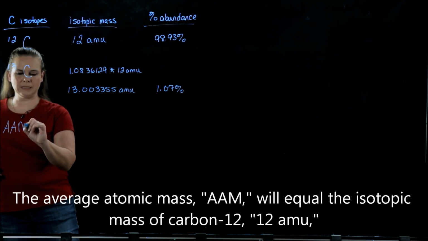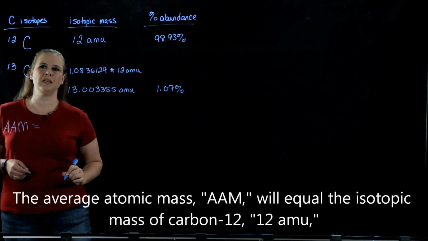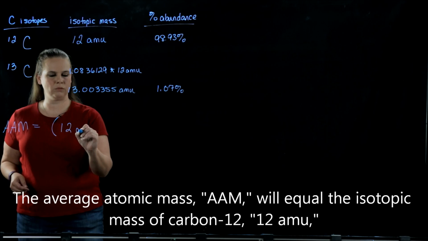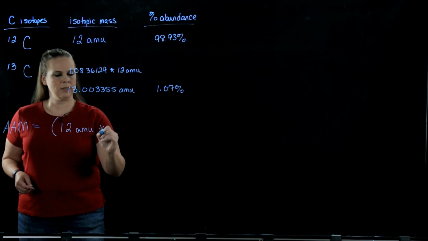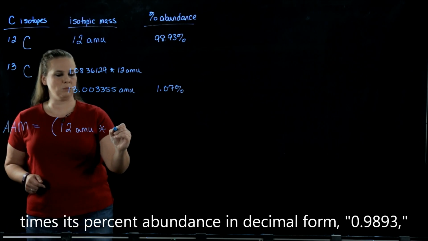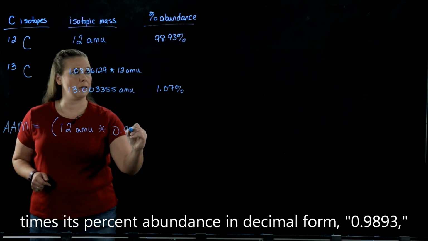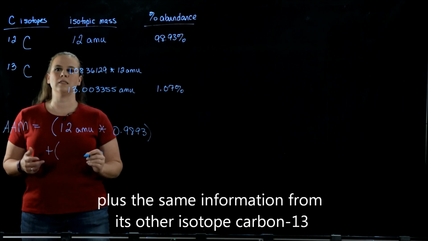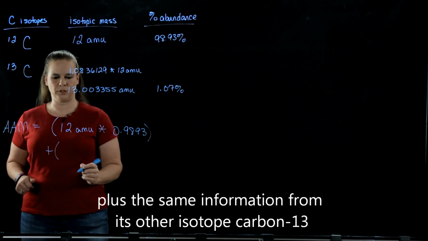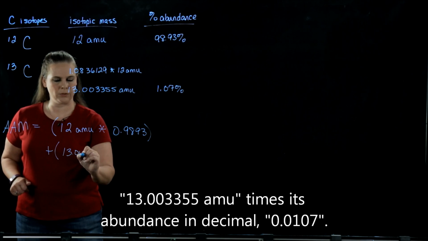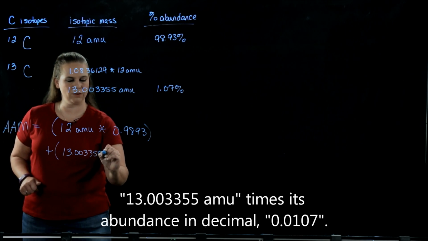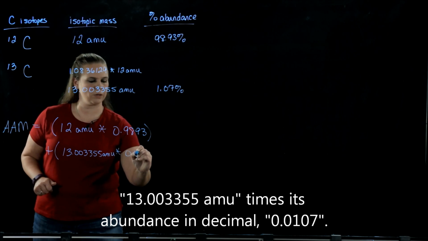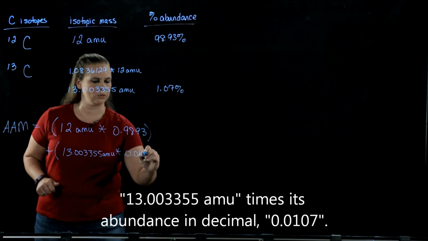The average atomic mass, AAM, will equal the isotopic mass of carbon-12, 12 AMU, times its percent abundance in decimal form, 0.9893, plus the same information from its other isotope, carbon-13: 13.003355 AMU, times its abundance in decimal, 0.0107.